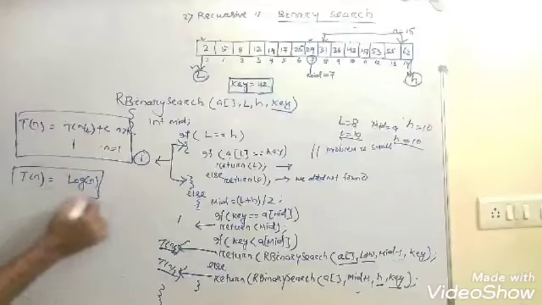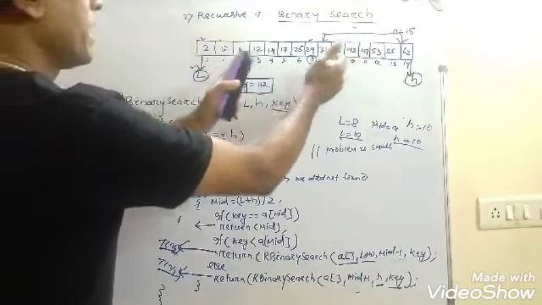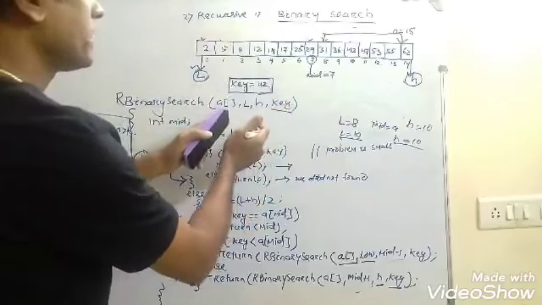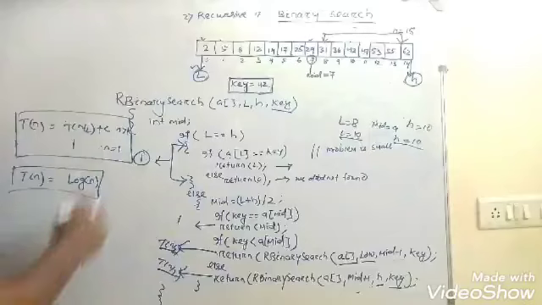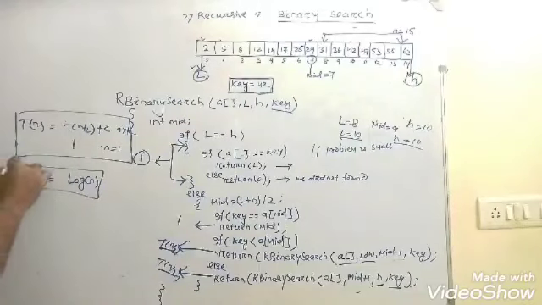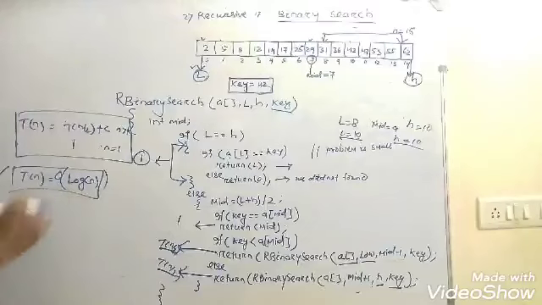Why? Because if you draw the tree, you always divide it into two parts, again it will be divided into two parts, again into two parts, like this. So it depends upon the height of the tree. That is why the time complexity is big O of log n. This is the time complexity for recursive binary search.